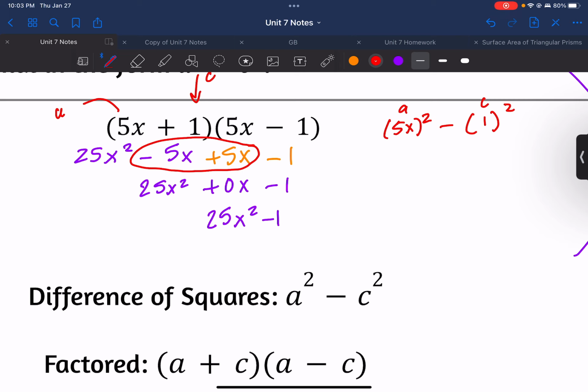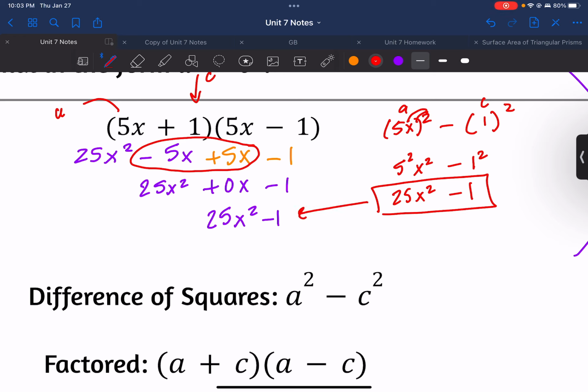So remember, when we square this, because it's just 5x and it's not like 5x plus 1, we can distribute the exponent because it's just one term. So this is now 5 squared x squared minus 1 squared, but 1 squared is just 1. And then 5 squared is 25. X squared stays x squared, minus 1. So this rule applies because I do get the same answer.